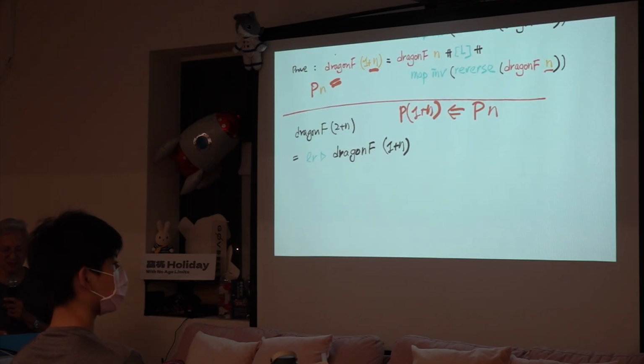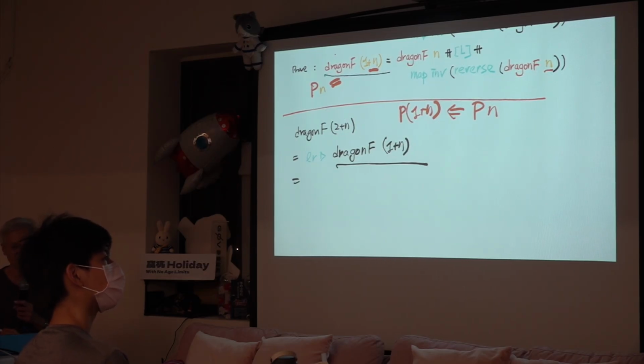Now what? But now we have dragon f of 1 plus n already, so let's use induction, pretending that this property holds.